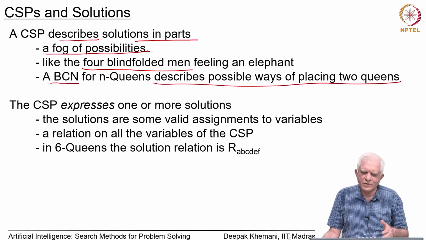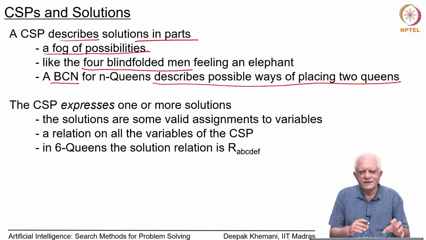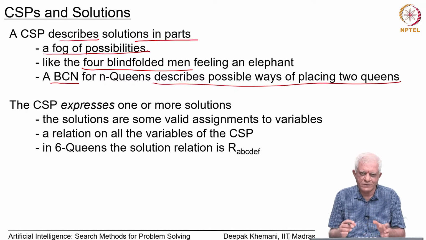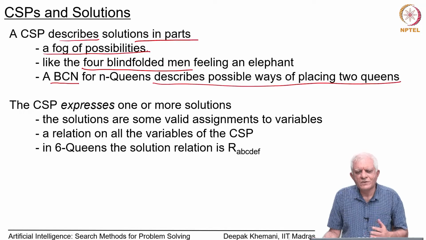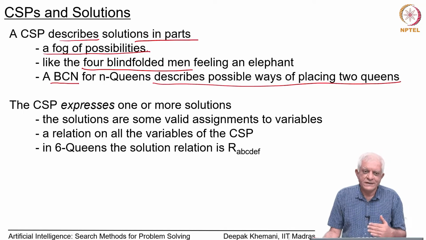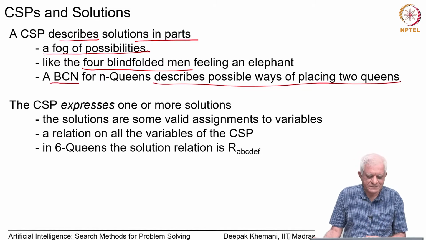If you were to do a more analytical study of constraint networks, you would start talking about how this network is equivalent to that network, because both express the same solution. But we will not have time to go into that. We want to simply focus on how search plays a role in solving constraints and how search can be combined with reasoning while solving CSPs.